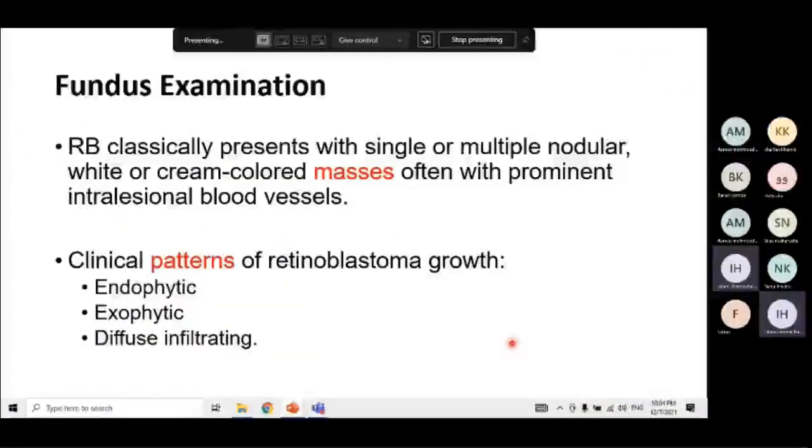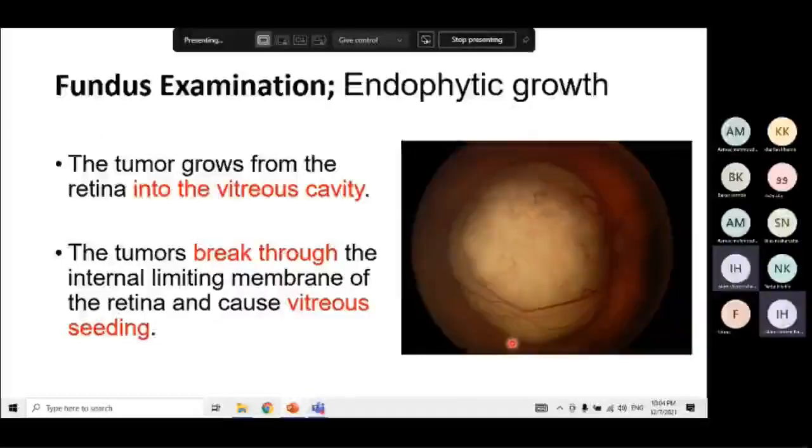Okay, another important thing to know that we have three patterns of retinoblastoma growth: endophytic, exophytic, and diffuse infiltrating. Endophytic means that it grows towards the vitreous. So usually the retina is not detached and the tumor grows towards the vitreous, and it may break through the Bruch's membrane and give vitreous seeds.